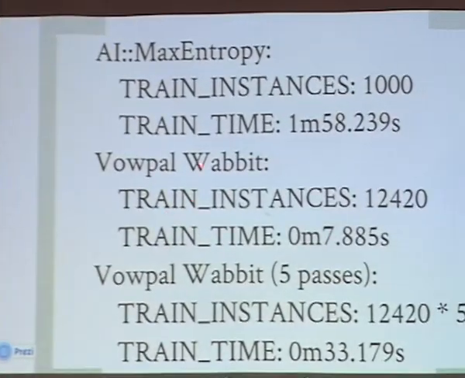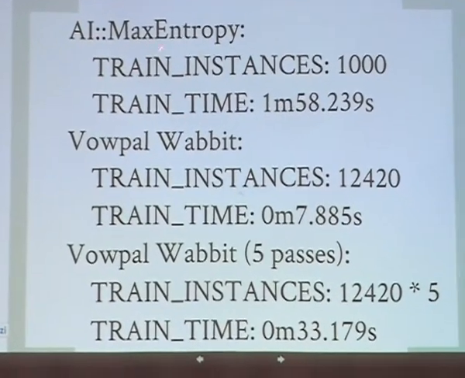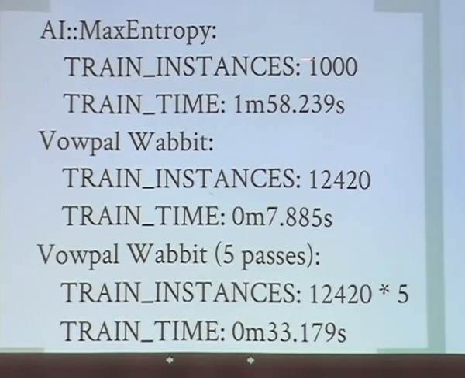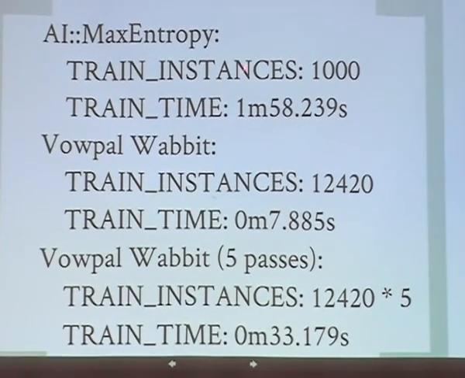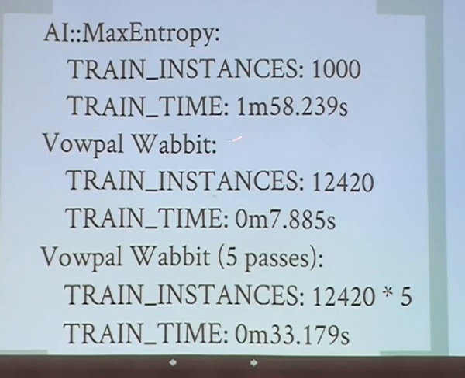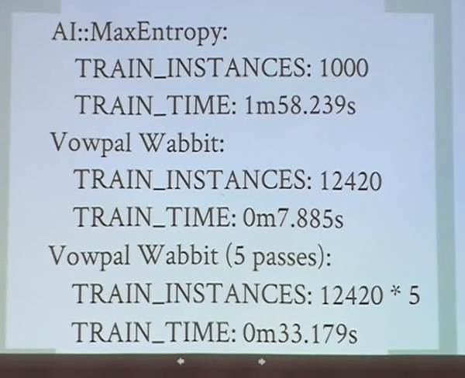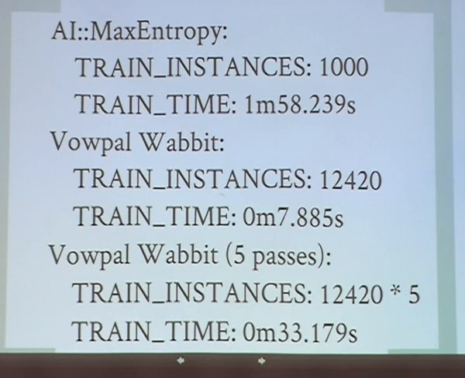And this is just copy-pasted: a comparison of how fast it is. Here is the max entropy that we used. It was trained on a subsample of 1,000 instances. So 1,000 instances are processed in 2 minutes, while in Vowpal Wabbit, 12,000 instances are processed in 7 seconds.